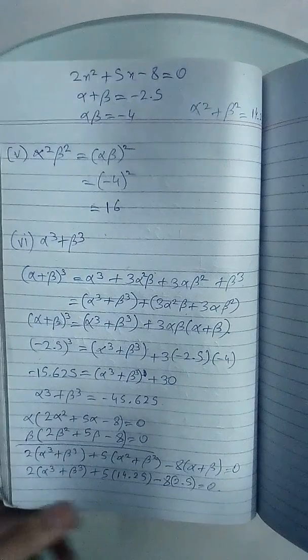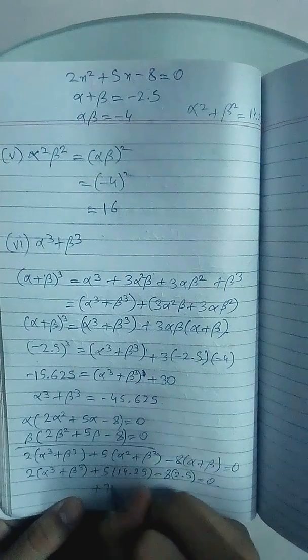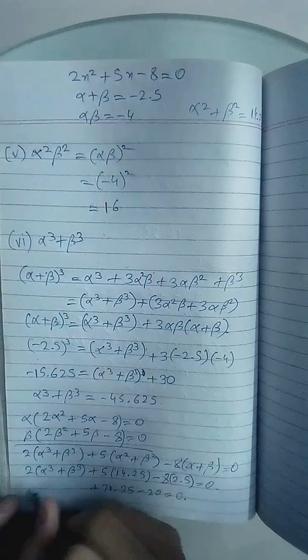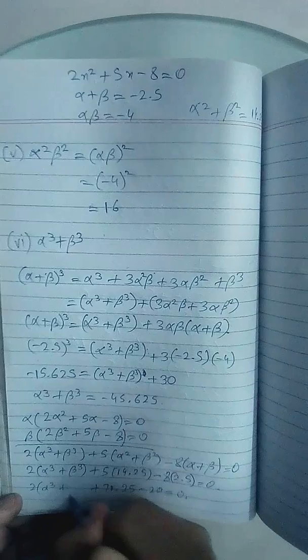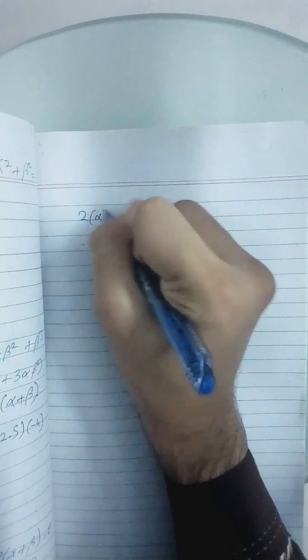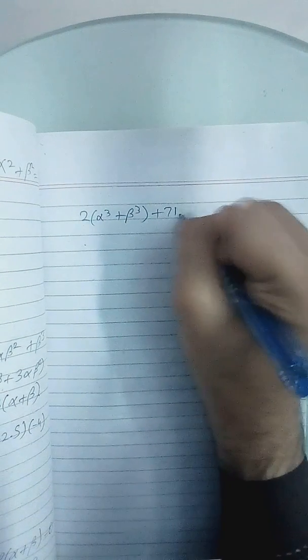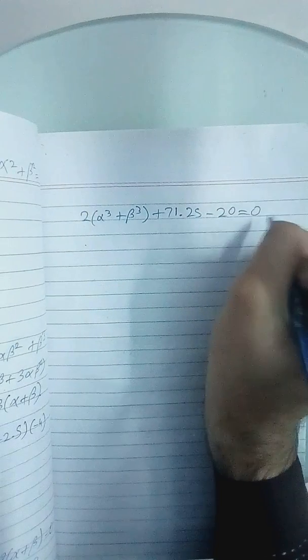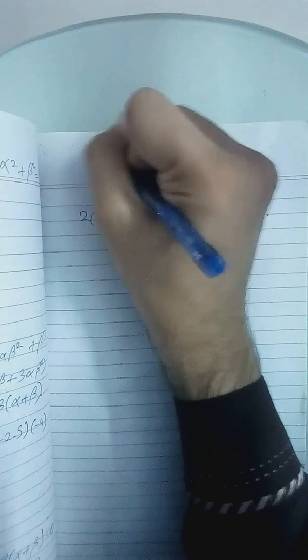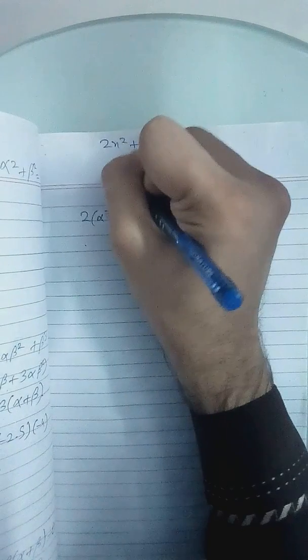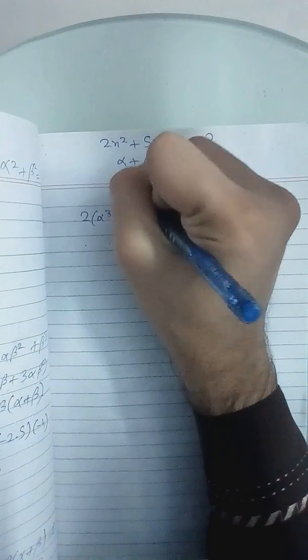So 14.25 multiplied by 5 is equal to 71.25, minus 20 equals 0. Through alpha cube plus beta cube, I'm going to write the same term on the next page. 2 alpha cube plus beta cube plus, I'm going to write the step again, and I'm going to write the equation again so that it can facilitate us in the next of the parts.